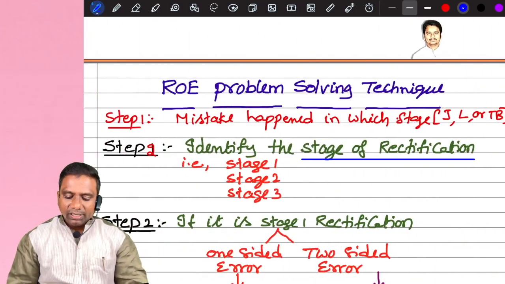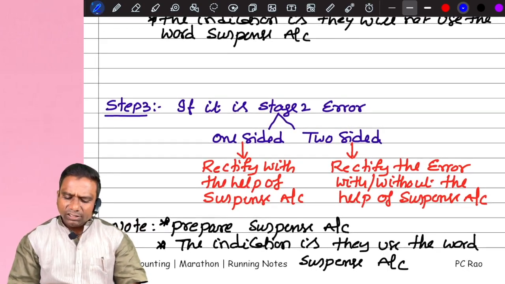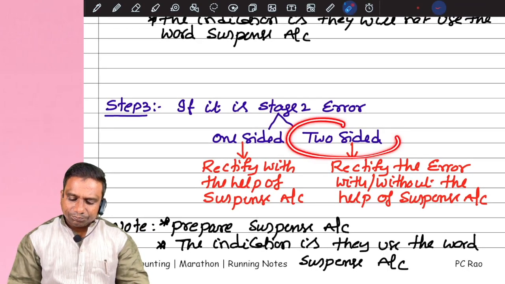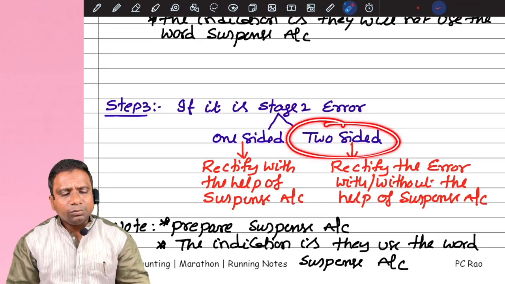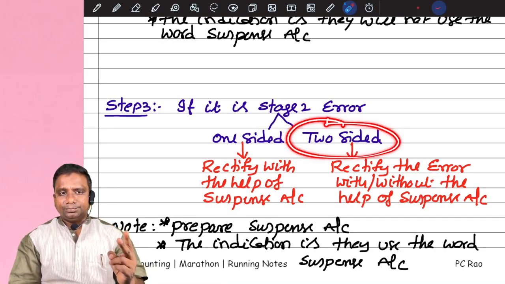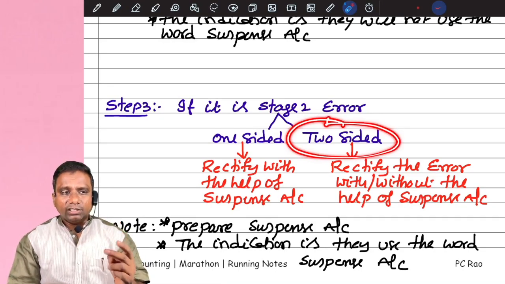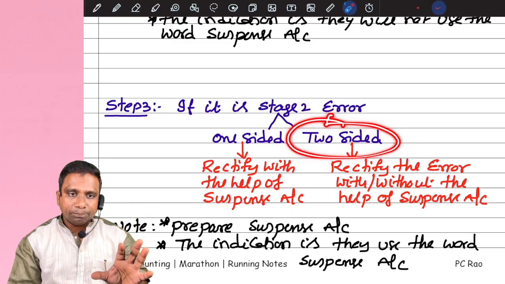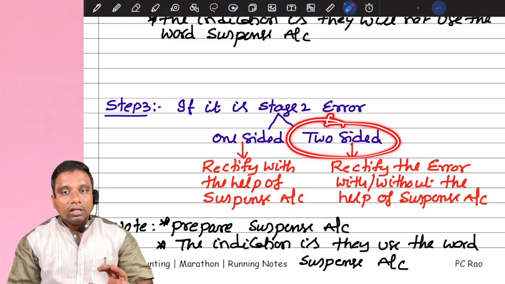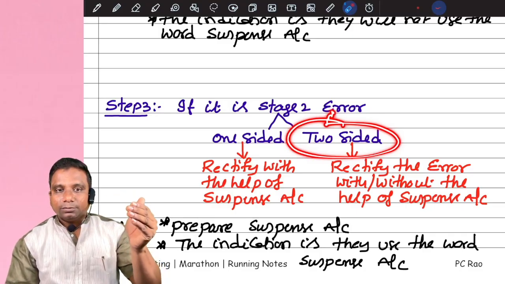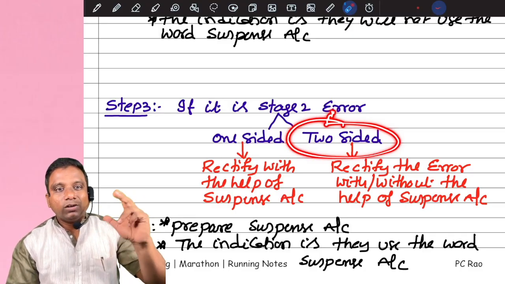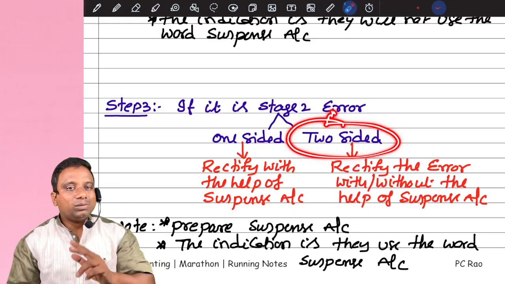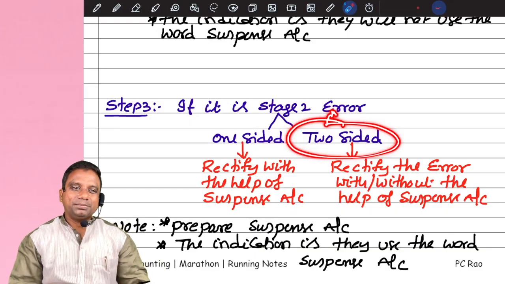If it is a two-sided error, two accounts get affected. If one account is debited and another account is credited, then it is okay. Or if two accounts are debited during the rectification, then what about credit? Use suspense account.